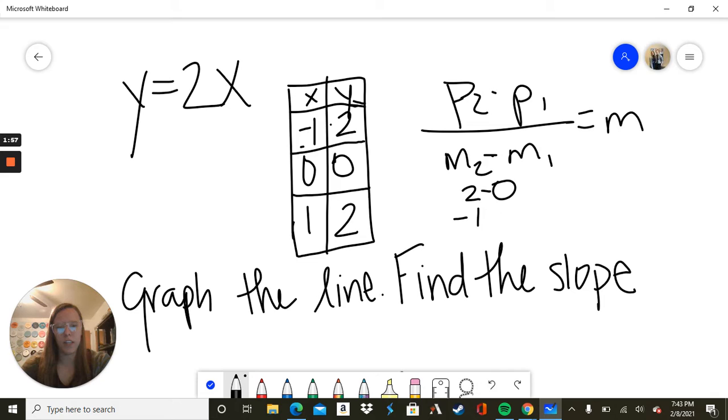Let's fix that, because it's really just y2 minus y1 over x2 minus x1. So it should be 2 minus 0 over 0 minus -1.